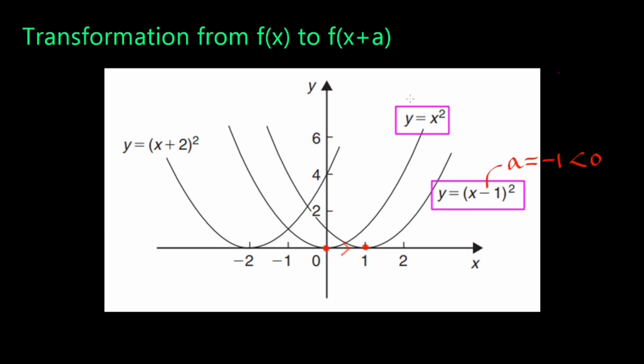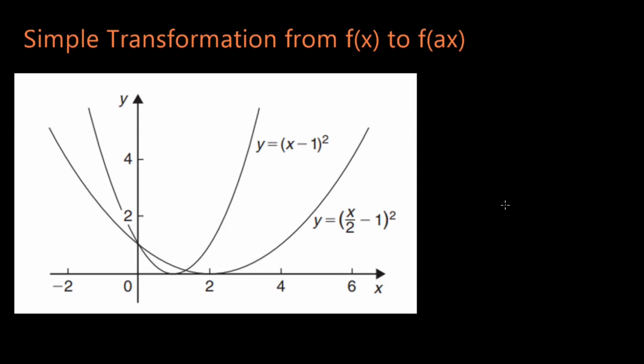Similarly, transformation of the curve y equals x square to the curve y equals x plus 2 whole square can be obtained by shifting the vertex 0 of the curve y equals x square to minus 2, that is to the left of 0 along the x-axis, and this is because here a is 2 and it is positive.